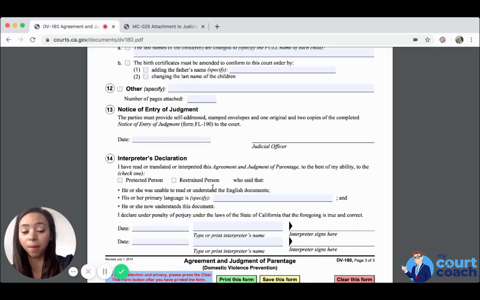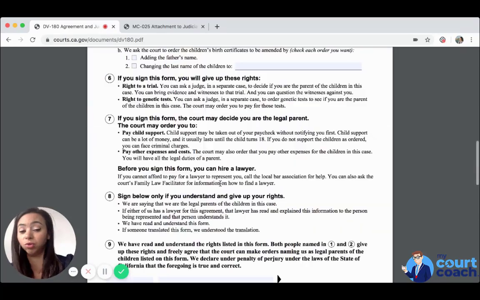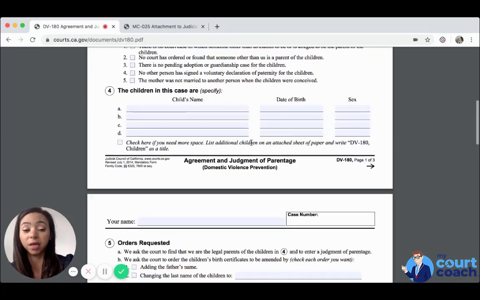His or her primary language is whatever it is, could be Spanish, and he or she now understands this document under penalty of perjury under the laws of the state of California. The foregoing is true and correct, and now you have the name and date and signature of the interpreter, which is actually very helpful because in the event that somebody needs to undo this final order for parentage, you could use the interpreter as a witness.